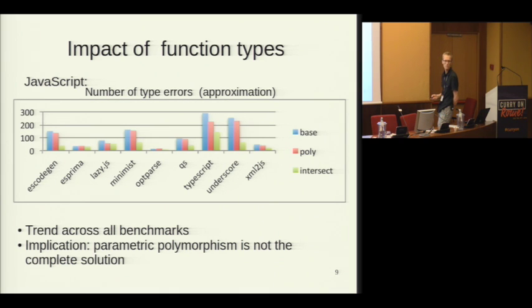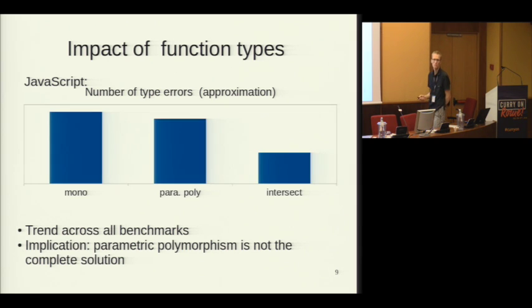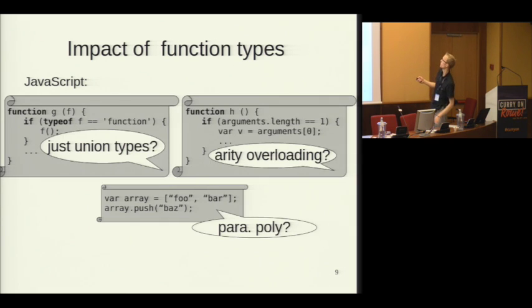So your point was that intersection helps, but it may be too painful. Exactly. And polymorphism doesn't help particularly. No. This is parametric polymorphism, and we just saw for this example that if you have a function that dispatches on the number of arguments, that doesn't really fit with parametric polymorphism.